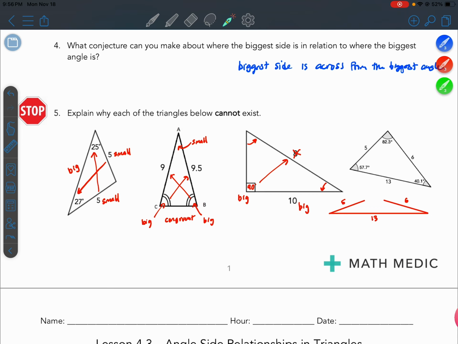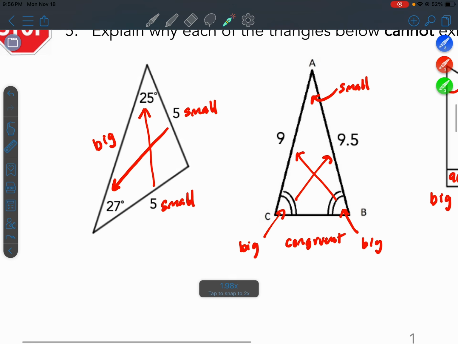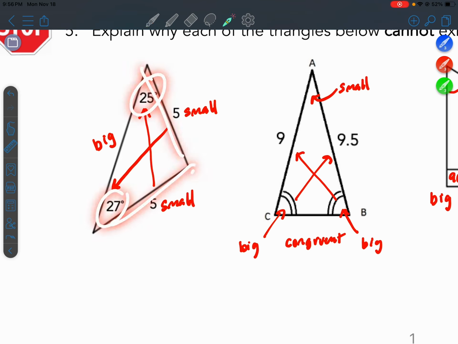Let's introduce some terms here. A triangle that has 2 sides that are the same length, remember, we call that an isosceles triangle. And what should also be true is if the sides are the same length, then these angles here should have the same measure. We call these the base angles.